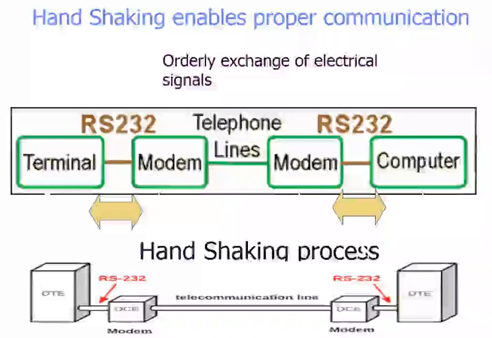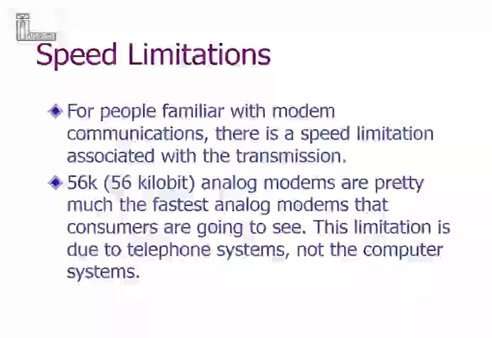Now one of the disadvantages of RS232 is the speed is limited, similar to the length of 50 feet. Here, 56 kilobits per second: analog modems are pretty much the fastest analog modems that consumers are going to see.